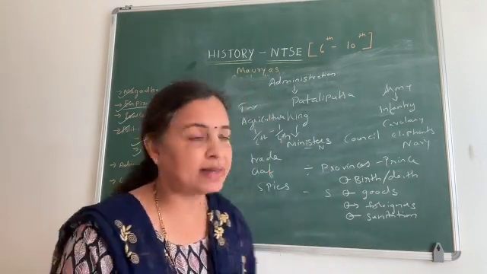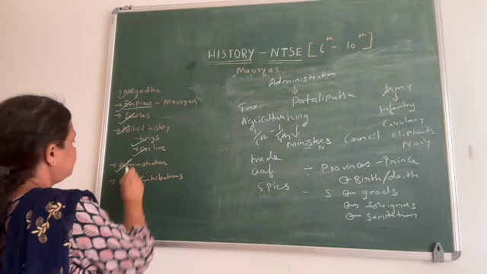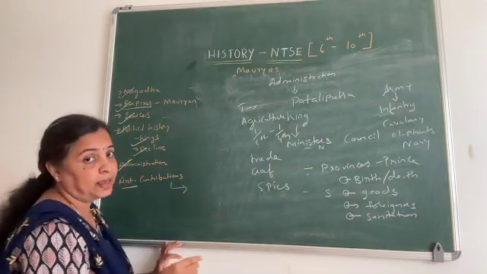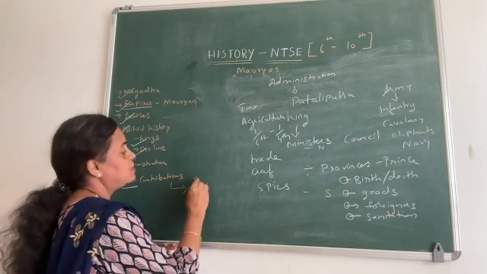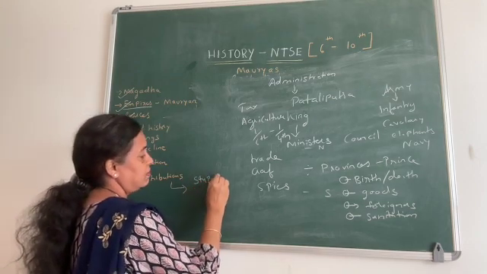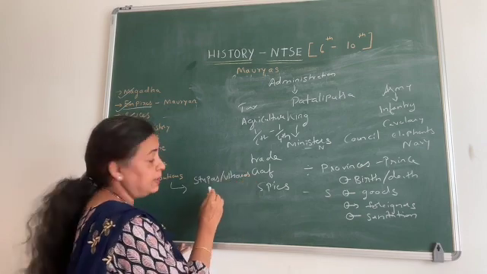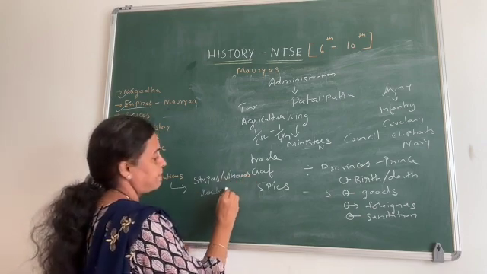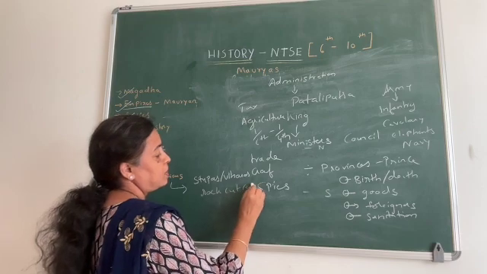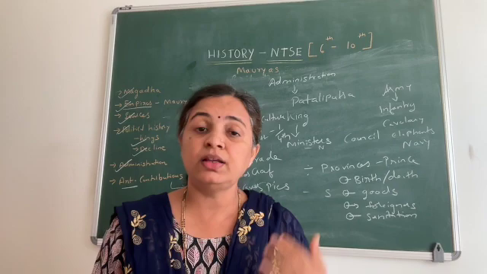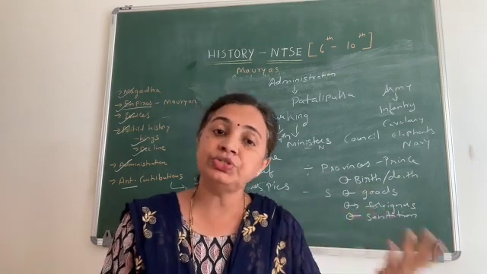Okay. Now let us take a look into the art. So, contributions. The main thing is they built stupas and viharas. They also built rock cut caves. We have already seen Ashoka was into Buddhism, and in fact Chandragupta Maurya was into Jainism.